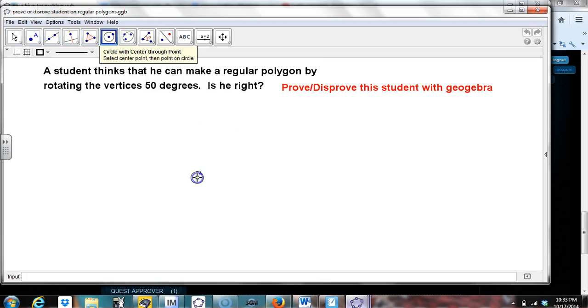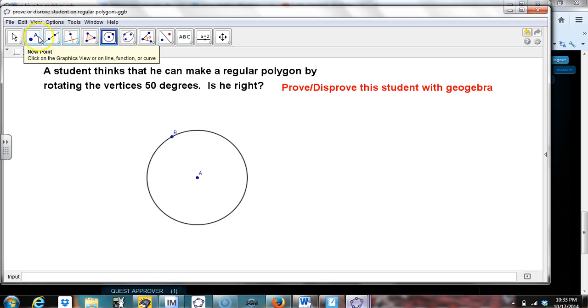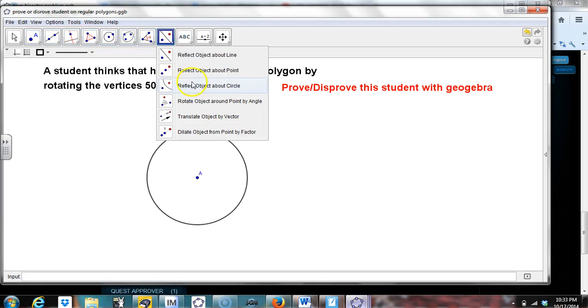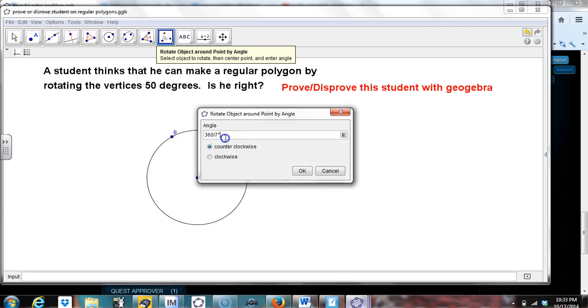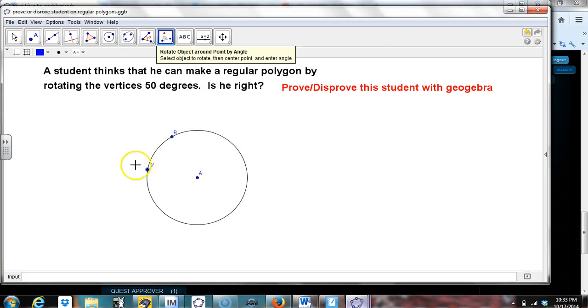Let's check it out. I'm going to do a circle, put a point on it, right? I'm going to grab my rotate tool. We don't need the radius. I can rotate B around A. Oops. Try that again. B around A, 50 degrees. Okay.